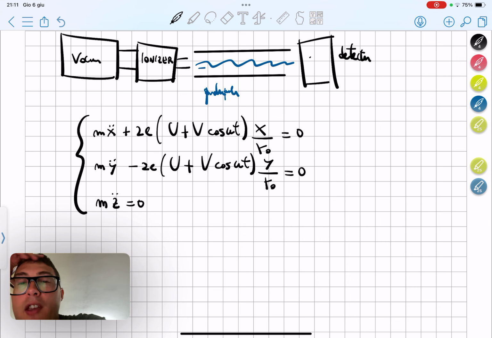Okay, so these are the equations which govern the trajectories of the ions, and they are written in this coordinate system x, y and z.